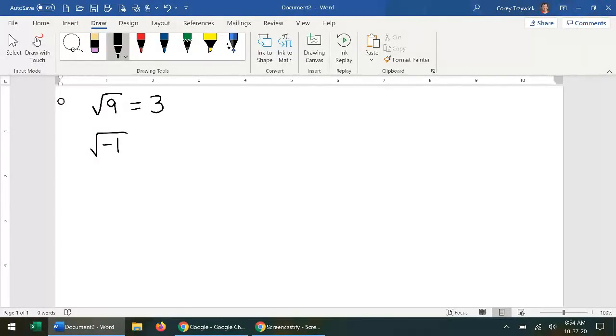Are there any two numbers that equal that? Well, if you multiply -1 times -1, you equal +1. So that doesn't work. In fact, there are no two numbers you can multiply that equal -1. Okay, so in the past, you probably said that there is no real solution to this problem. But there actually is a solution to the problem. It's called an imaginary number.